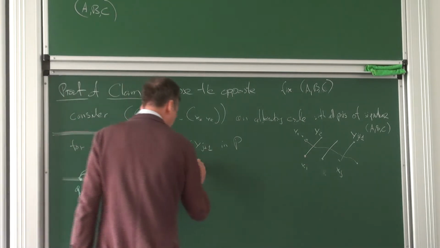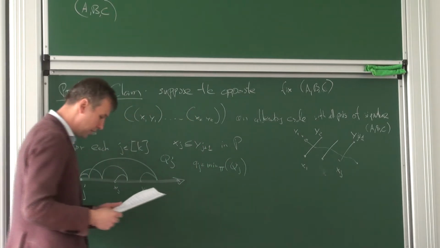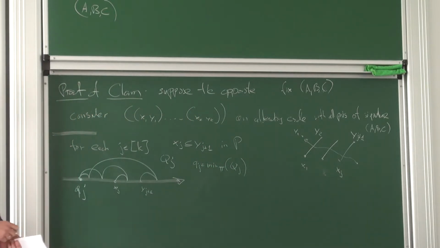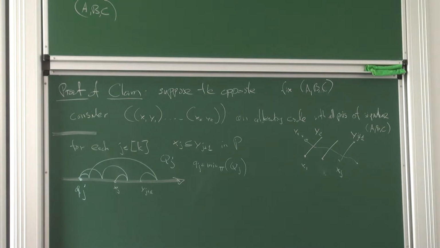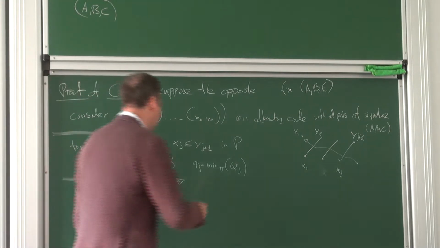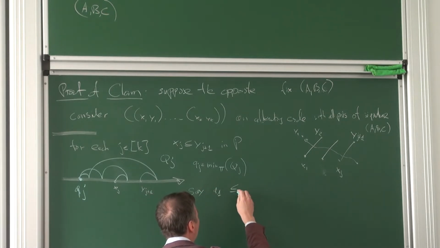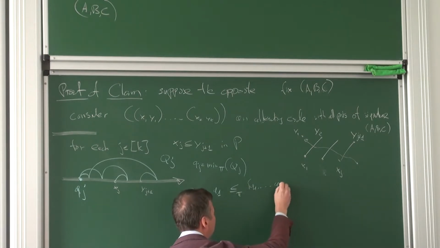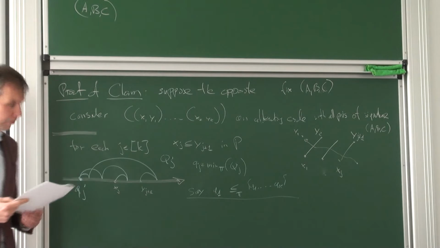So qj is the minimum on pi of qj. Now we have k such paths, and we have an alternating cycle that is cyclic, so we can assume that q1 is leftmost among all q's. Say q1 is less or equal in pi than all the q's, up to qk.